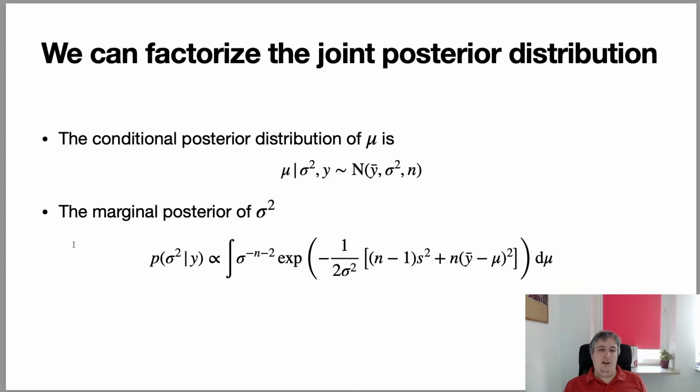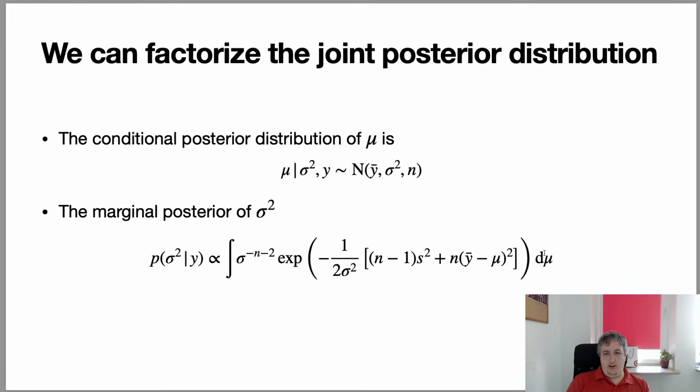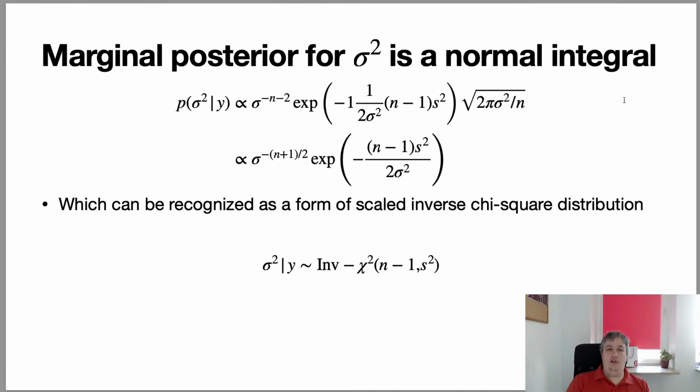In case of marginal posterior for sigma squared, it can be computed through this integral, which is a bit difficult. However, it is a so-called normal integral because this function is proportional to this kind of normal distribution.